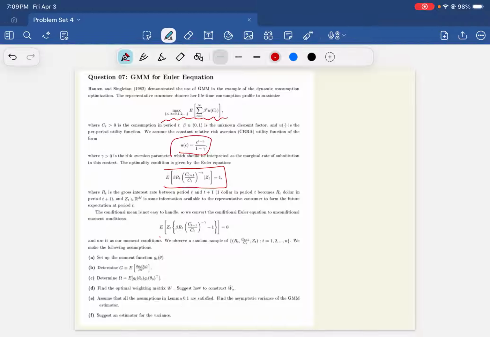to have the Euler equation, right? So today's marginal utility must equal tomorrow's marginal utility. And Z is all the available information at the time of the decision, right? When you decide how much to consume, Z will be included. Usually you may include, say, the previous year's interest rate, t minus 1.